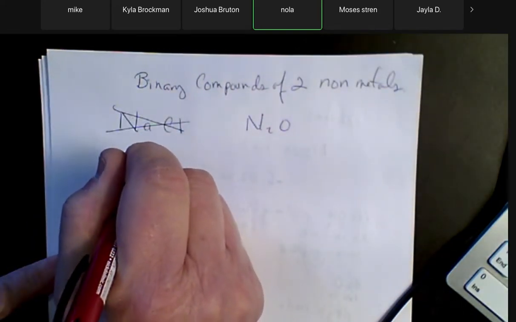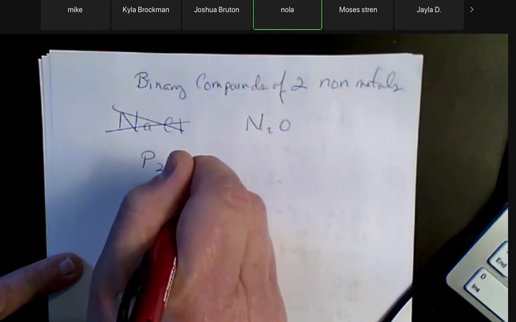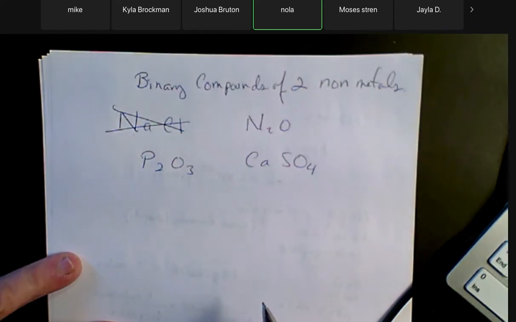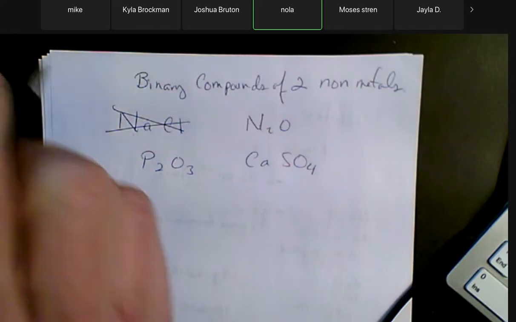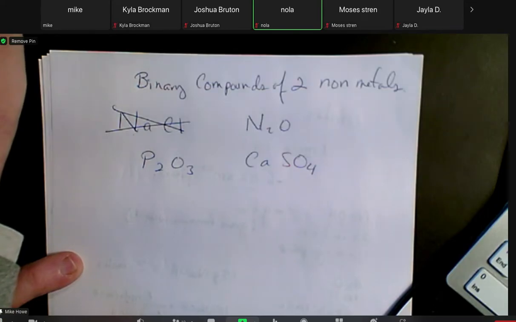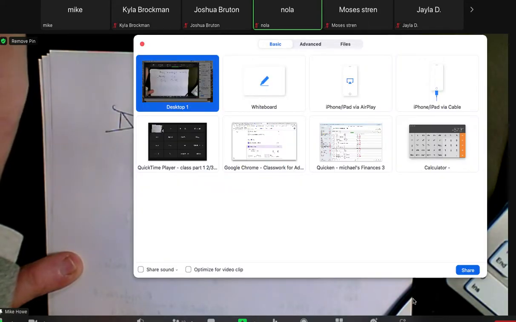Which one of these two is two nonmetals? Left side or right side? Right. Okay, so let's take a quick look at a periodic table.